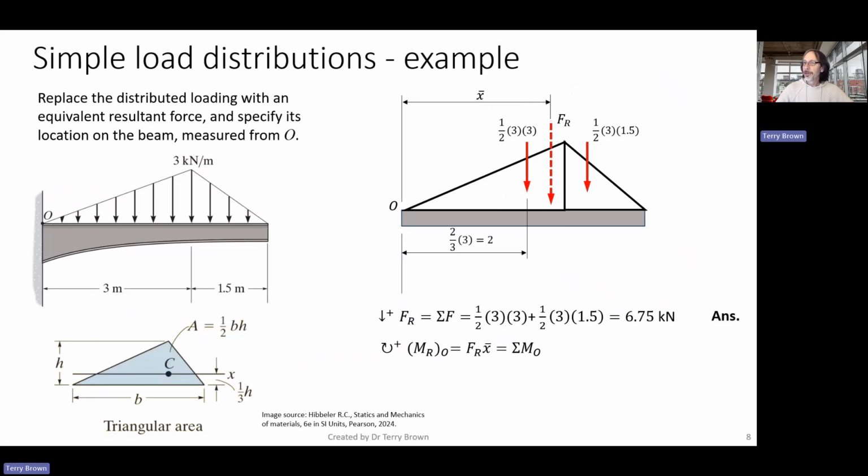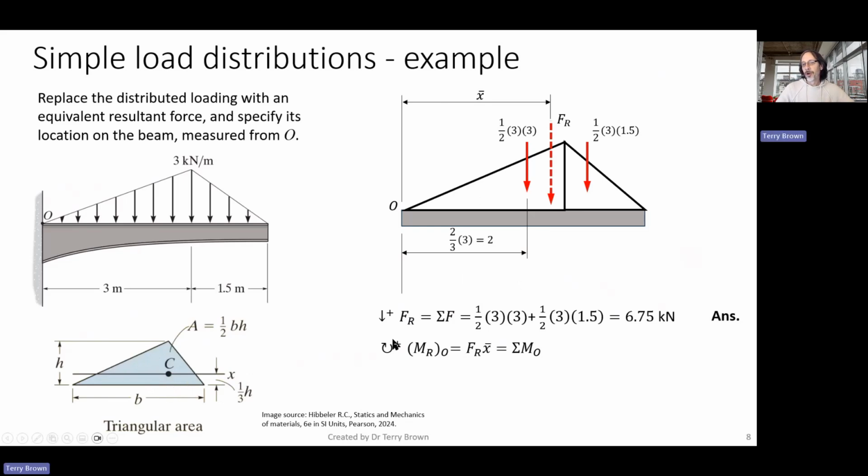So we can work that out from the sum of the moments. We have the force for the left-hand side triangle distributed load here. Now, this force acts through the centroid of the little triangle here. So we can go to our table that shows us the properties of general shapes, and you kind of need to rotate this on its side.